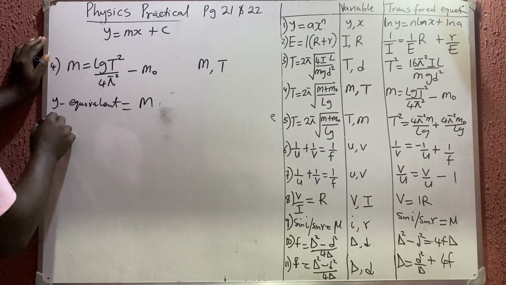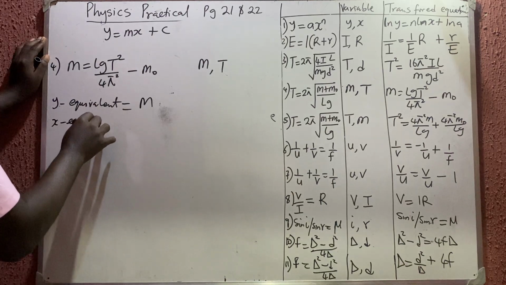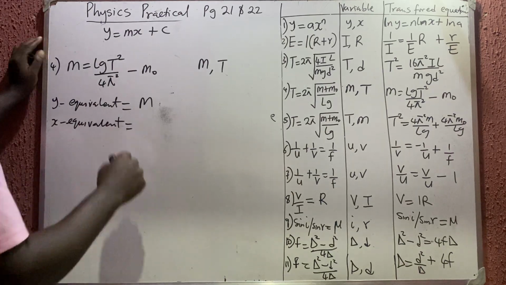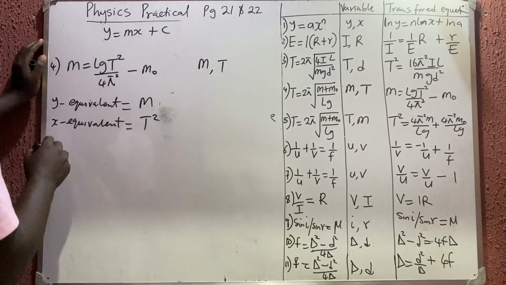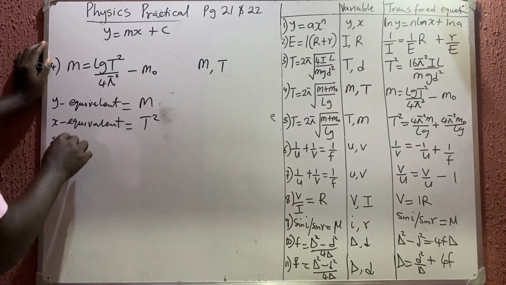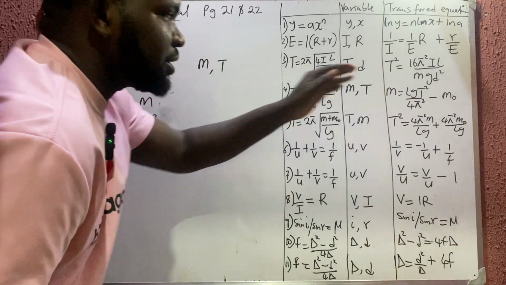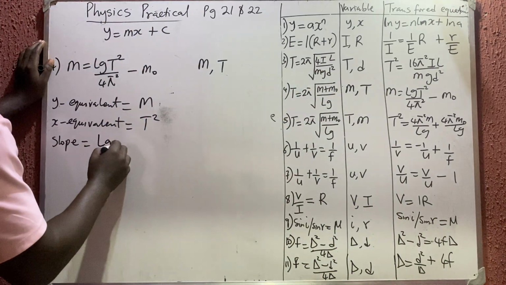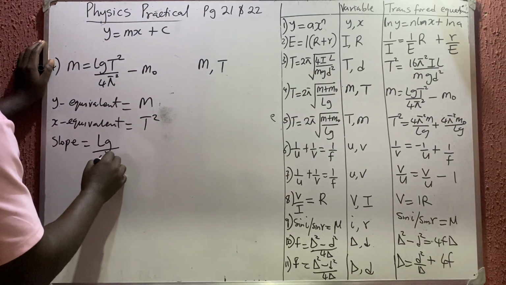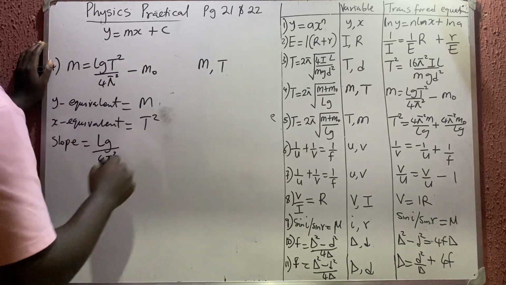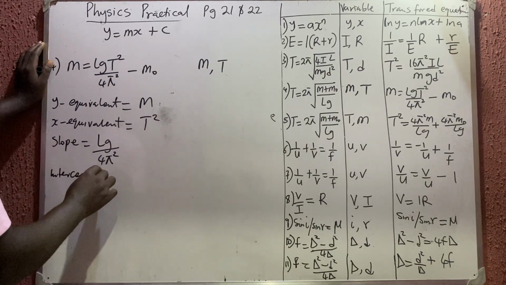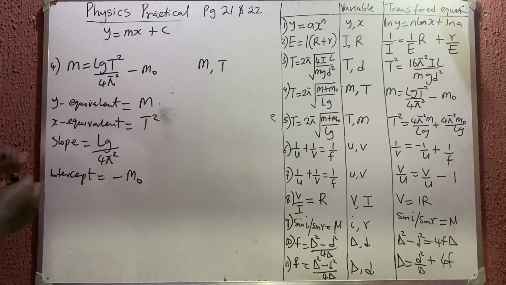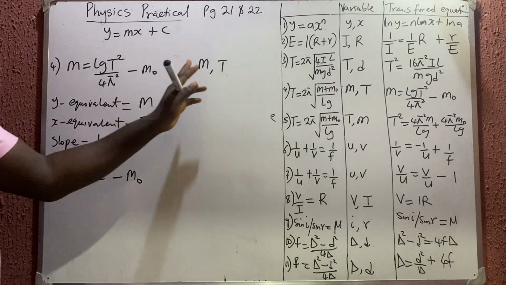Then your x equivalent will now be what? The t, that is what? T squared. Then your slope will now be the coefficient of that t squared, which is what? Lg over what? 4 pi squared. Then your intercept will now be minus m0. Okay, so that is if it is m comma t.